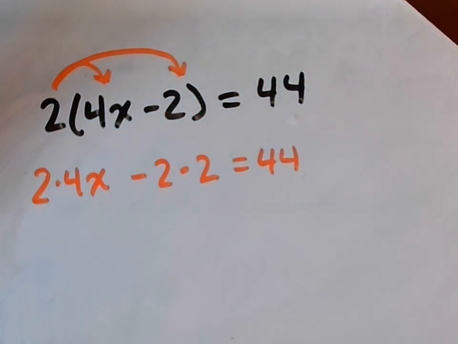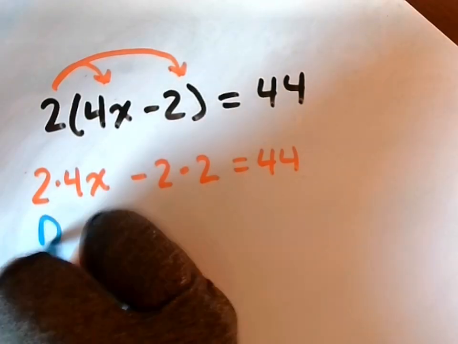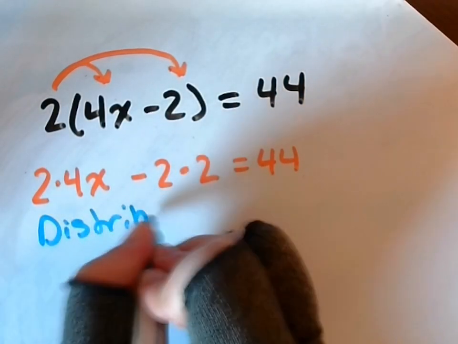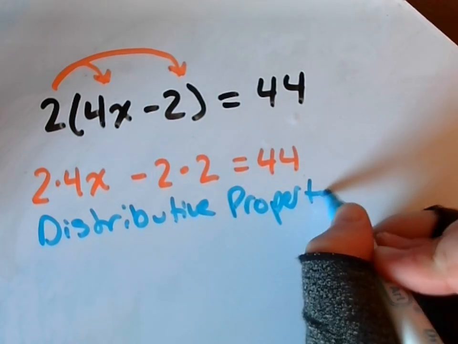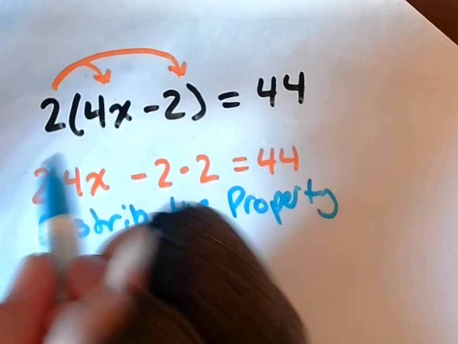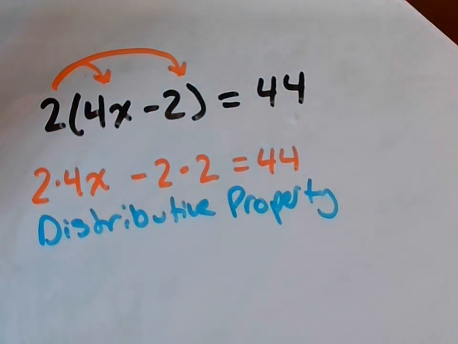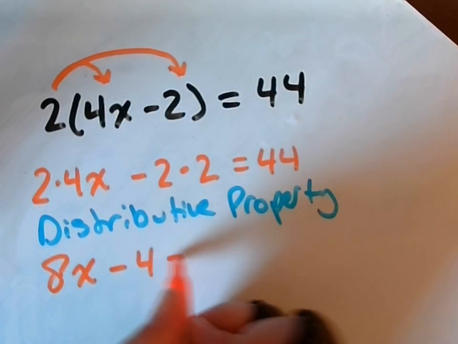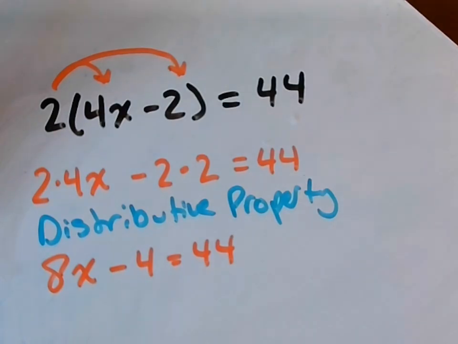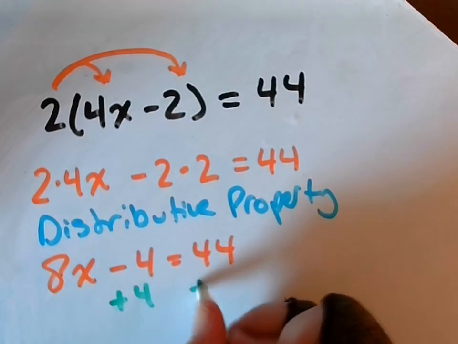Well, what have we done here? This is the distributive property. We have distributed. So if you recognize that you are drawing these arrows and doing this multiplication, you are using the distributive property, and you probably already knew that, because that's one of the ones that people tend to remember. Okay, from here, let's solve this equation. So now we just have 8x minus 4 equals 44. So we add 4.